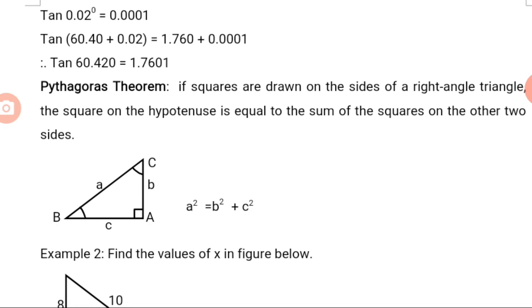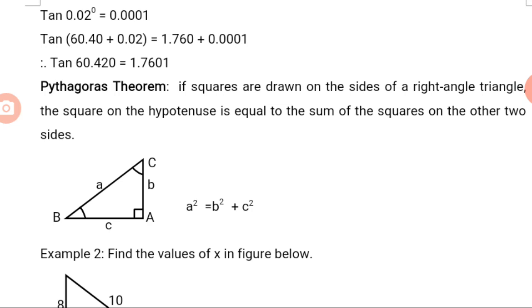The hypotenuse is BC in a right-angled triangle ABC. Are we together? So if the hypotenuse is A, it will be A square, which is equal to B square plus C square.